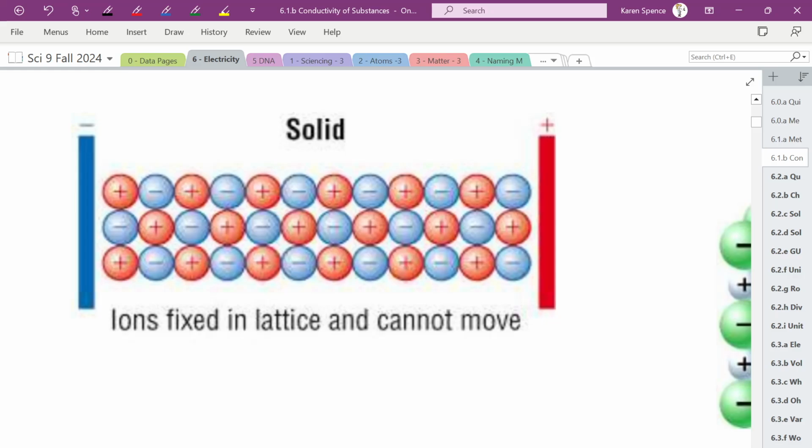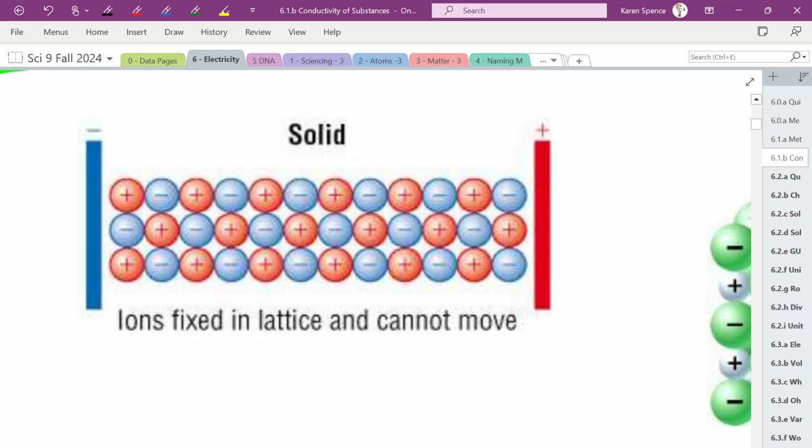If I have a solid, do you remember that blue crystal from yesterday? That was an ionic crystal lattice. Are these ions able to move? No. So in a solid, the ions cannot move.